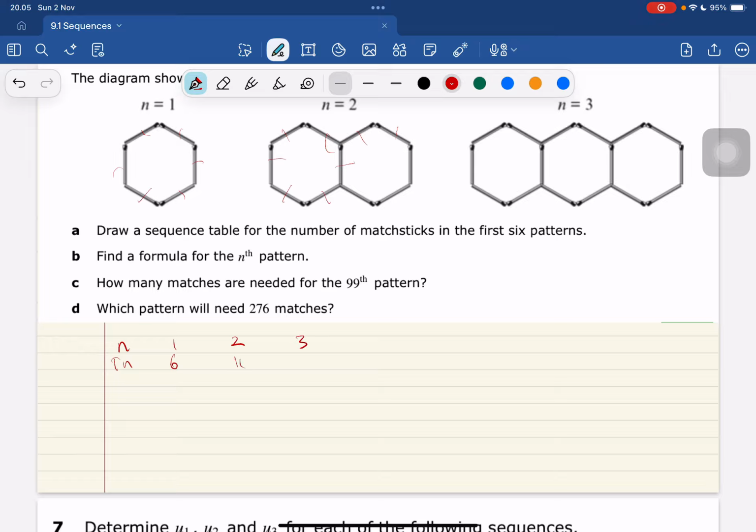And then n equal to 3 is 16. So n equal to 4 we plus 5, which is 21. And 5 plus 5 is 26. 6 we plus 5 is 31. So this is the table.